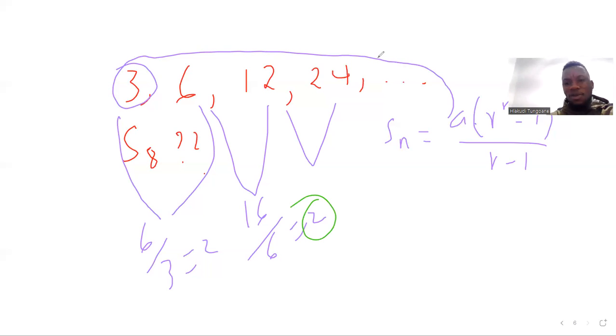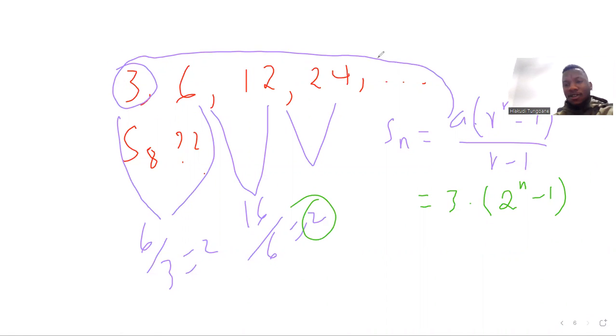So we can substitute in our formula, which is going to be 3 times (2 to the power of n minus 1) over 2 minus 1. 2 minus 1 is just 1. So if you allow me, I'm just going to leave it at that.